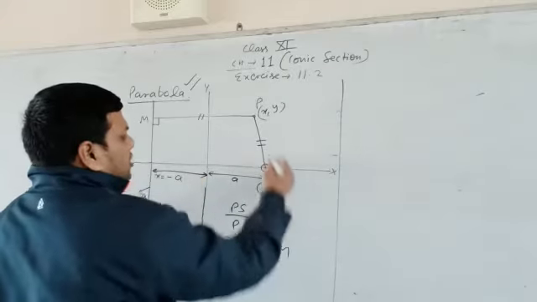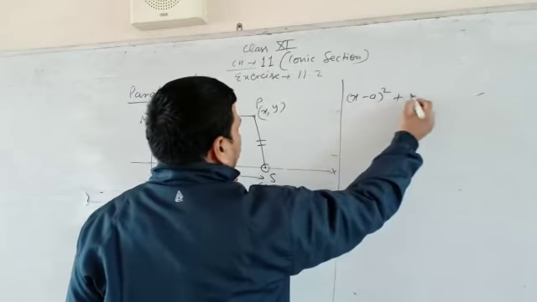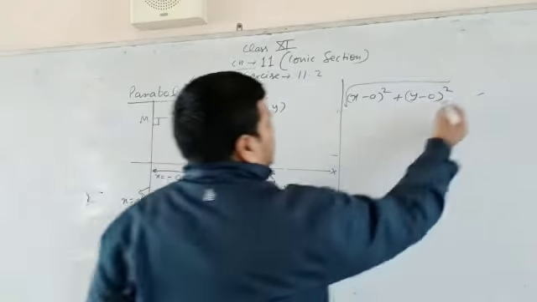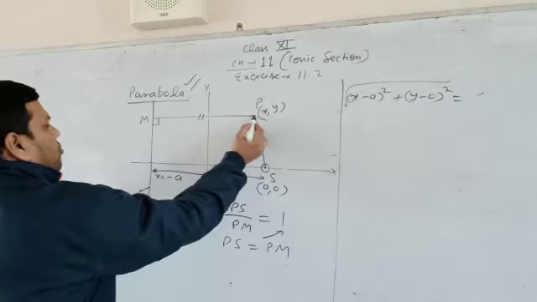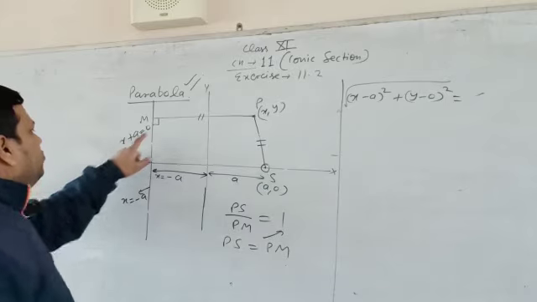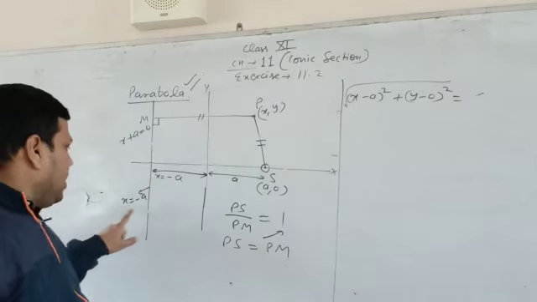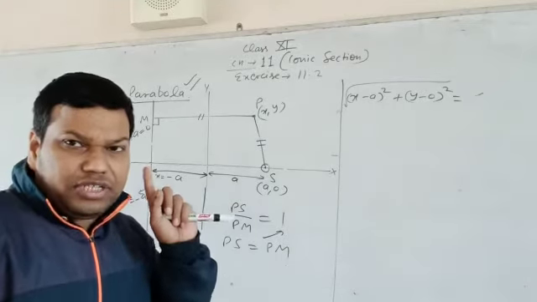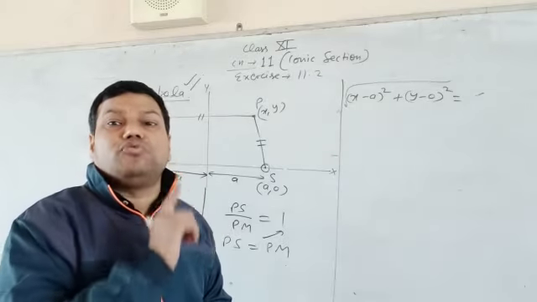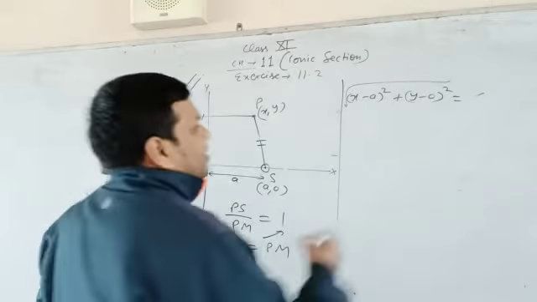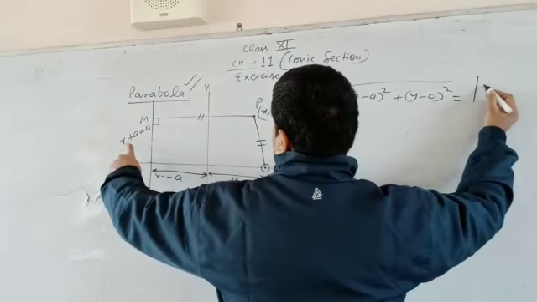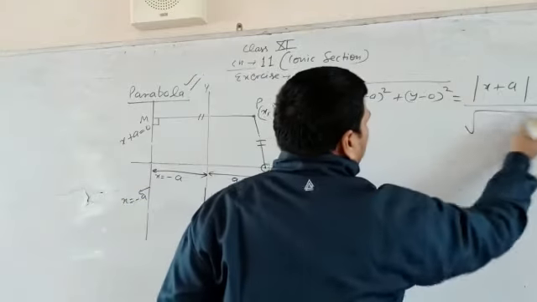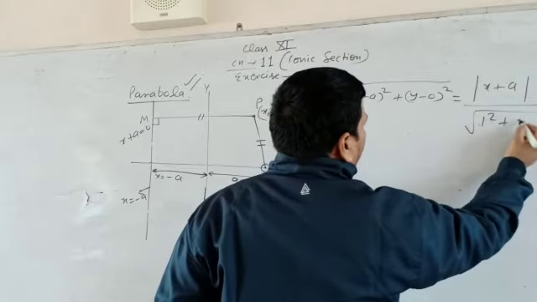Now the distance PS is the square root of (x minus a) whole square plus (y minus 0) whole square. And also PM: it is the perpendicular distance from a point to the line x plus a equals 0. Here I have written x equals minus a, which means x plus a equals 0. You know from chapter 10, straight lines, the distance formula from a point to a line: (ax1 plus by1 plus c) upon root of a square plus b square.